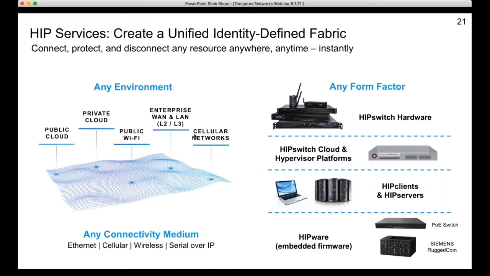It's been in production in the military and industrial enterprises since 2006. Tempered is the first company to commercialize this, and we've been selling product and have a very rapidly growing customer base since about 2012. This is going to grow unabated because it is the only way forward.